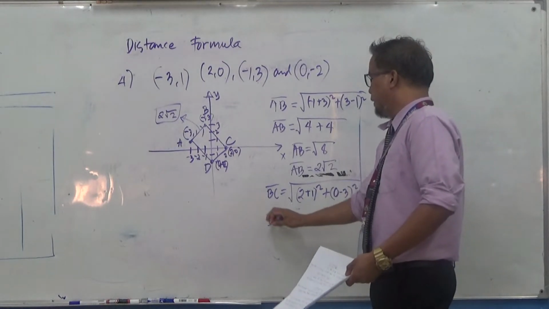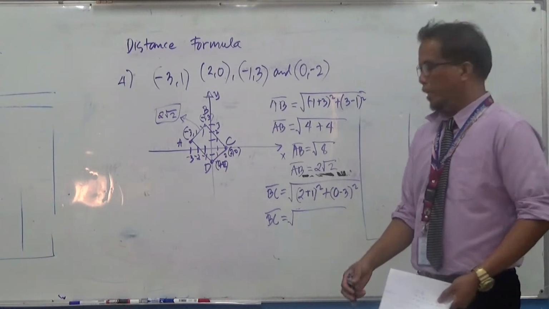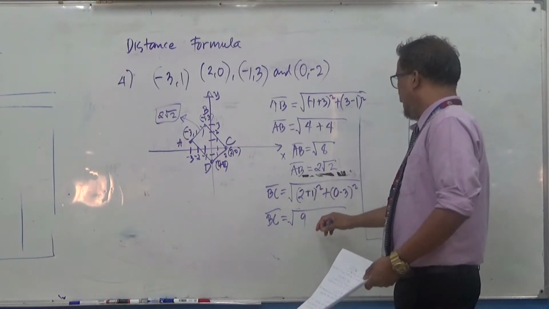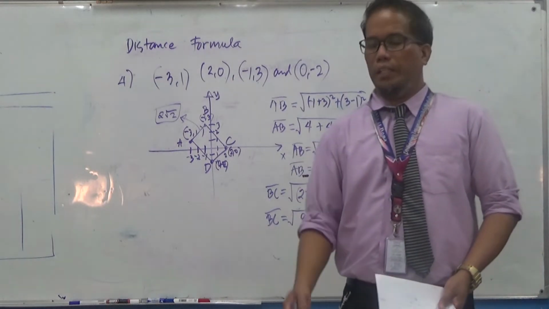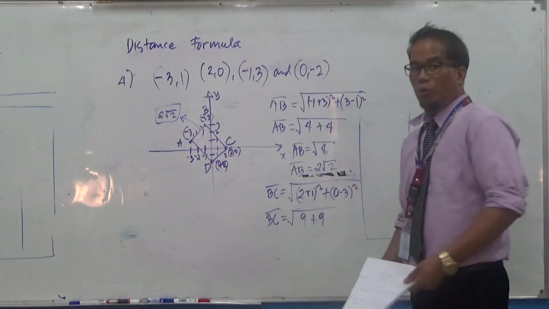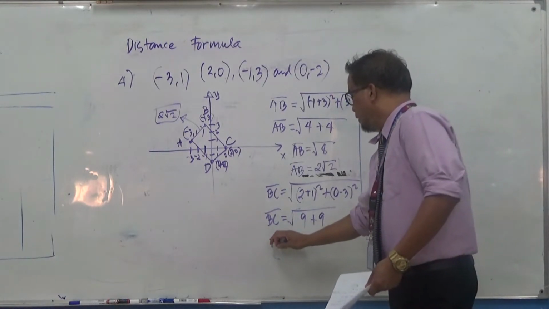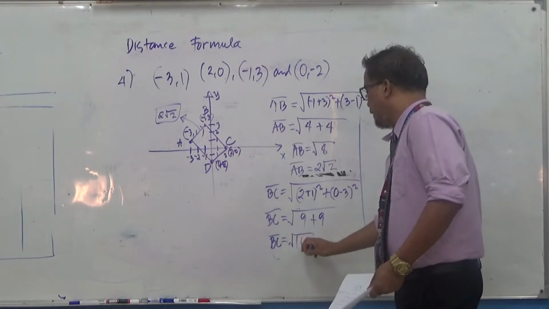Then segment BC is equal to the square root of 3 squared is 9, plus negative 3 squared is 9. So 9 plus 9 is 18. So segment BC is equal to the square root of 18.